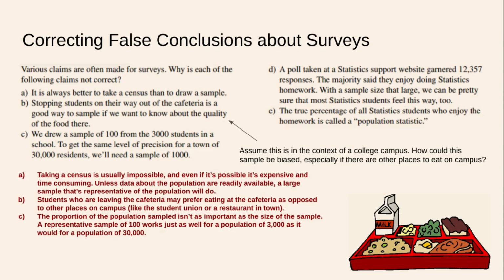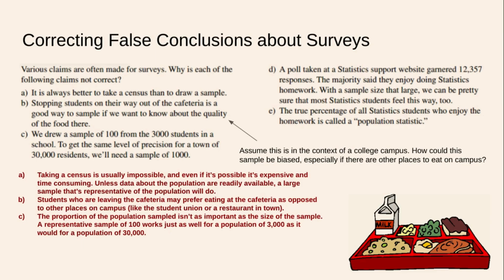What matters is the size of the spoonful, and that the spoonful contains a little bit of all the ingredients. That's what we're going for here. So a sample of size 100, which in a lot of cases is quite a good sample, works just as well for a population of 3,000 as it would for a population of 30,000.